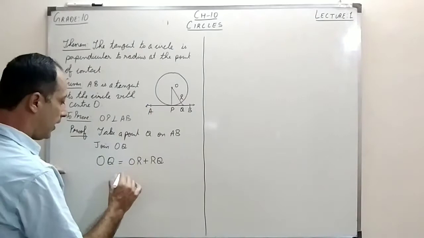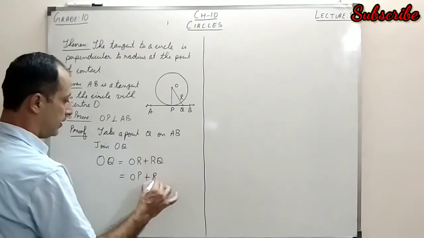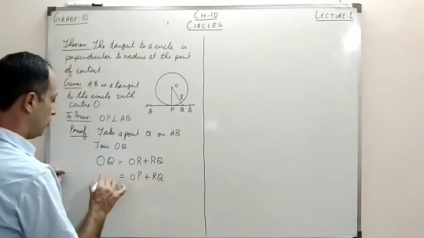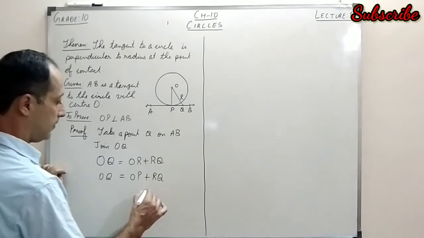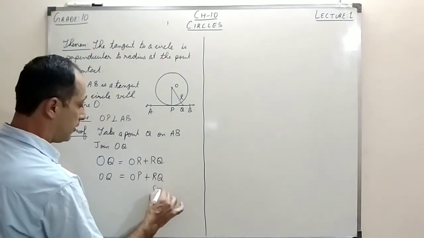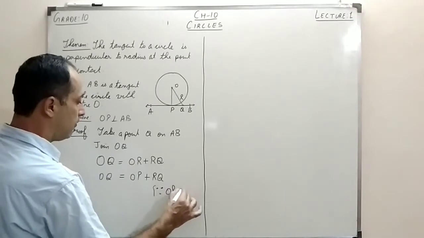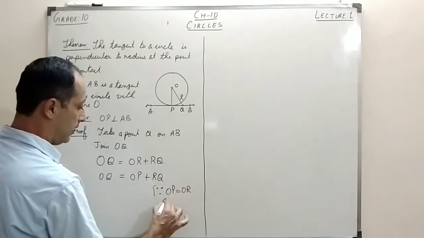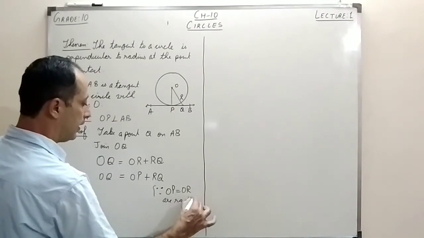Now this OR, instead of OR I can write OP. And why can I write it? Because OP and OR are equal, because OP and OR are radii.